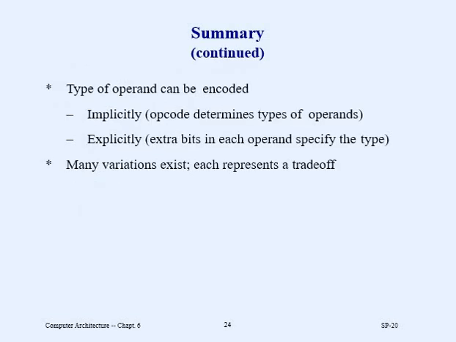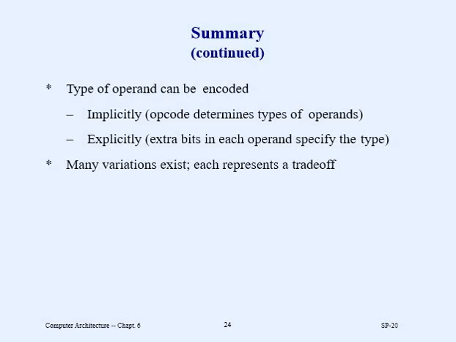The summary continues on the next slide, where we can see that types of operands can be encoded. Implicitly means the opcode determines the types of operands, and explicitly means extra bits in each operand specify the type.